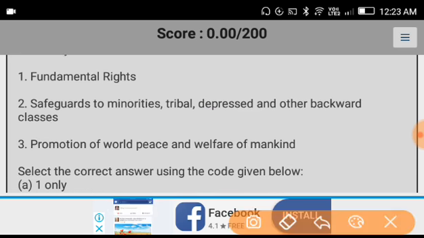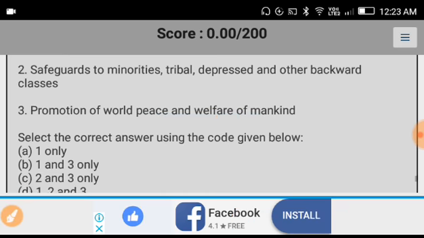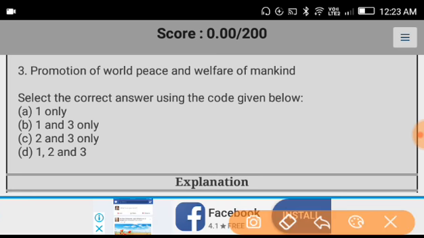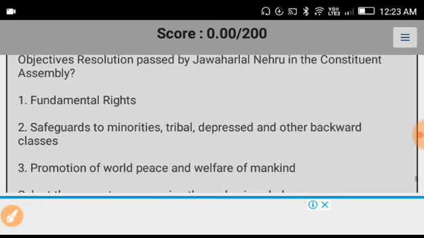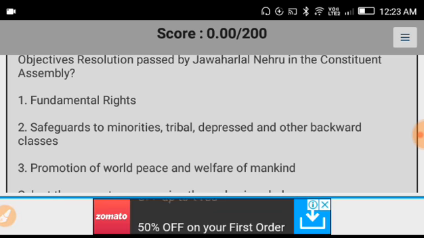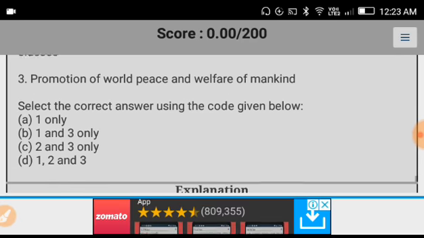And promotion of world peace and welfare of mankind is also a part. So all three are correct. D is the correct answer: 1, 2, 3. Promotion of peace and welfare, fundamental rights, and safeguards of minorities, tribals, depressed and other backward classes.